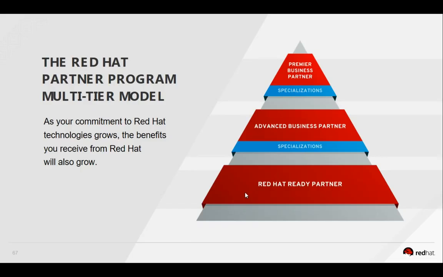You need to have a minimum of one customer reference. You need to have a certain revenue commitment, as well as a minimum of 1 engineer who is a Red Hat certified engineer. Right. This is a paid certification. We can give you the details once you express your interest regarding the same.